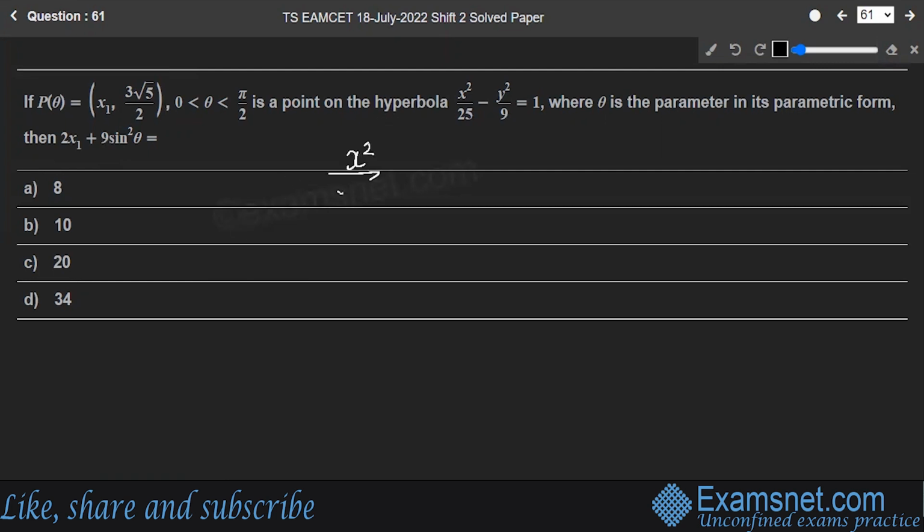The given equation of the hyperbola is x²/25 minus y²/9 is equal to 1. Here, P(θ) is given to you as (a secθ, b tanθ). What is the value of a? This is root of 25, that is 5, and the value of b is equal to 3. Correct?